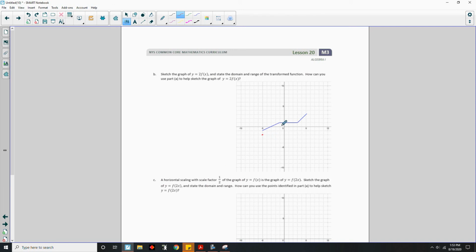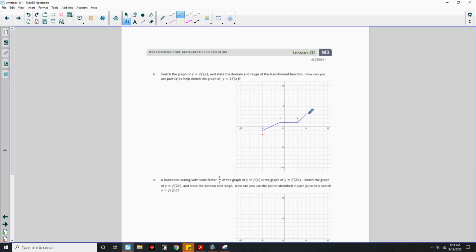Okay. And then if I choose this point, that's -1, 1. Well, that's got to be doubled to 2, so that would be here. And this point is 3, 1, and the y's got to be doubled to 2. 1 times 2 is 2. That would end up there.